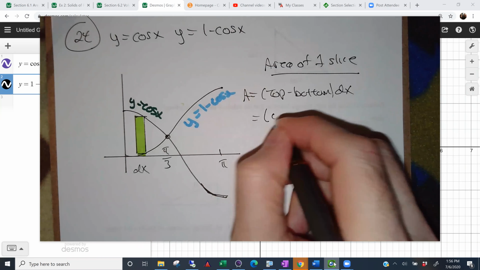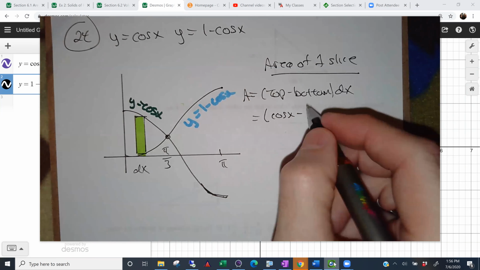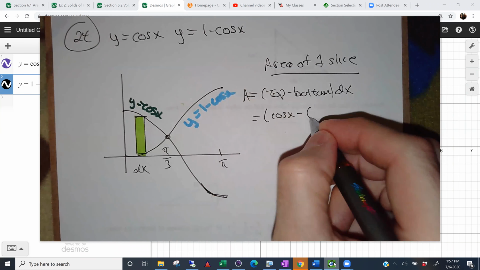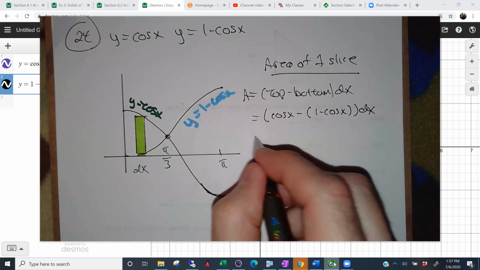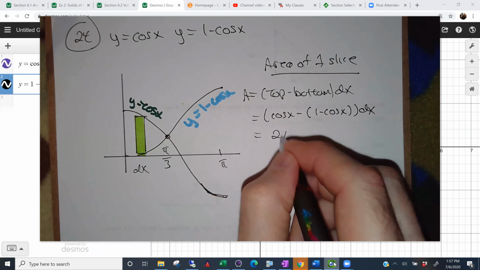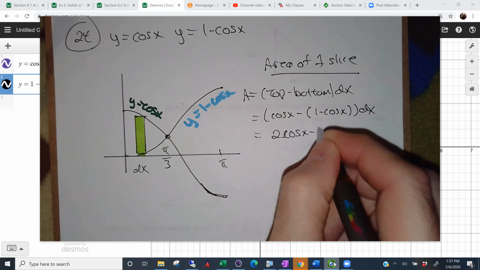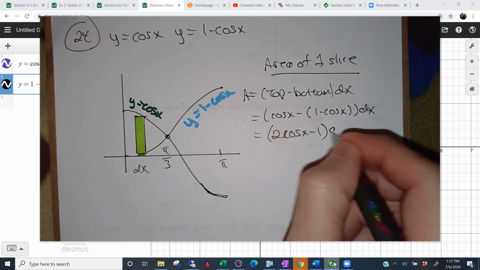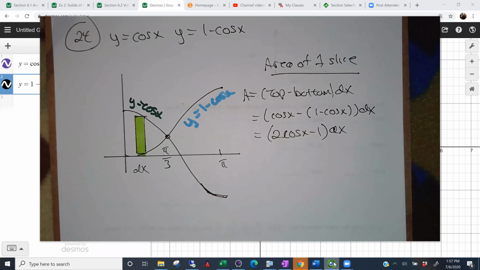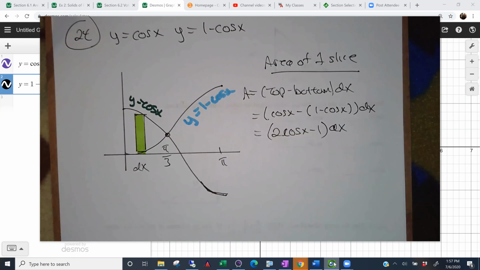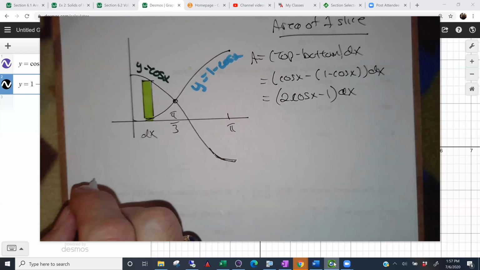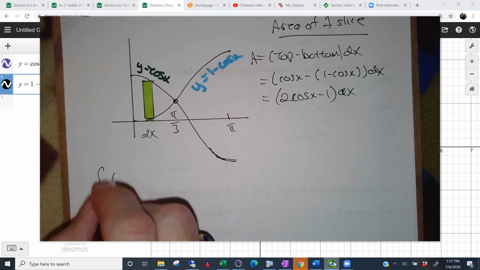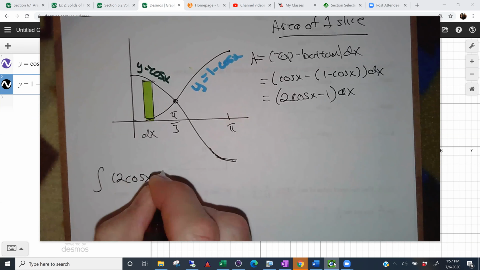Top function is cosine of x minus the bottom function, and you've got to put that in parentheses. And when you simplify it, we end up with 2 cosine of x minus 1 times dx. Okay, that's what we want to put in our integral: 2 cosine of x minus 1 dx.